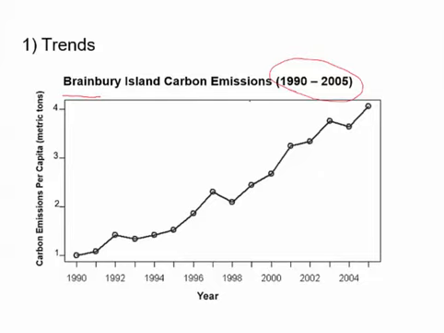Down below, we've got the units. We've got carbon emissions, with units from 0 to 3, and those represent metric tons. So here would be the 2 metric ton level. And we've got the time, of course, across the bottom.